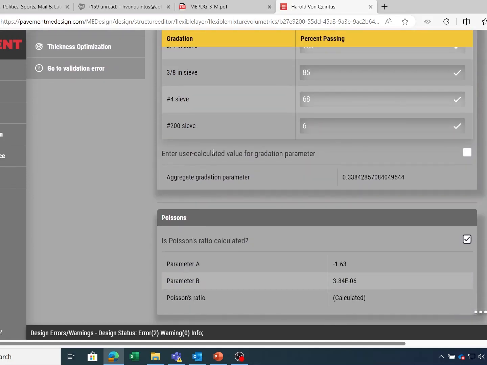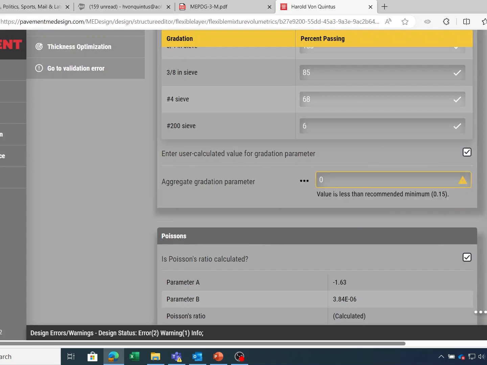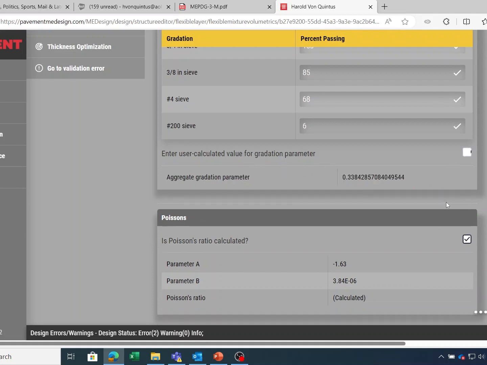Another property that's required for the wearing surface is what's called the gradation parameter. This is used for predicting top-down cracking. The aggregate gradation parameter can be calculated by the program, or it can be entered by the designer or user.